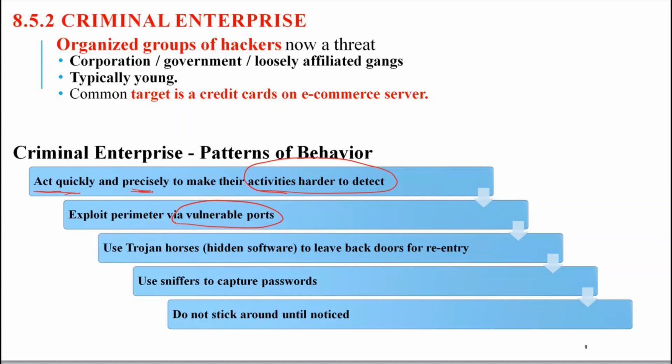The criminal enterprise people will make use of the vulnerable port numbers running in the target machine. Then they will install Trojan horses to leave backdoors for re-entry.